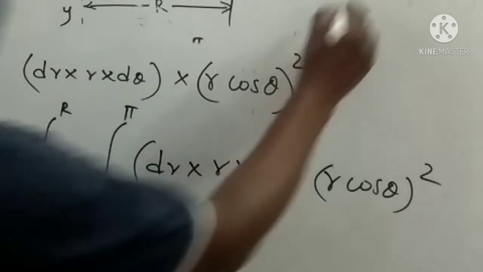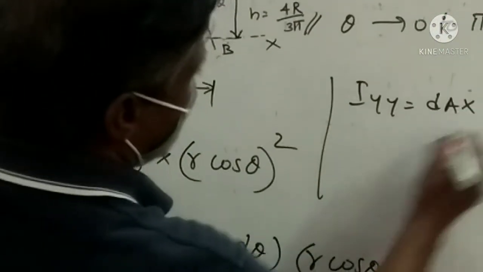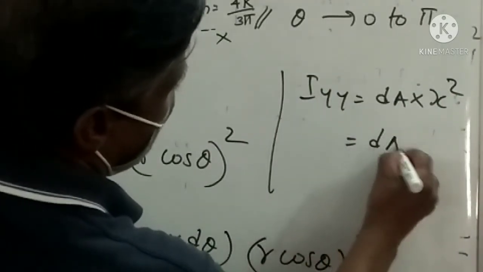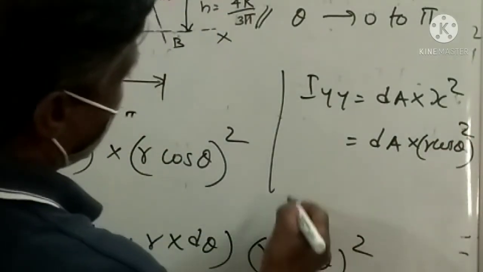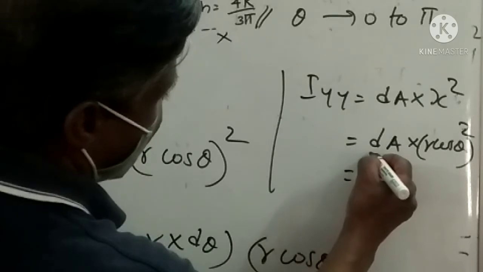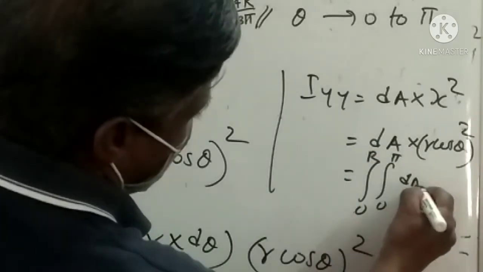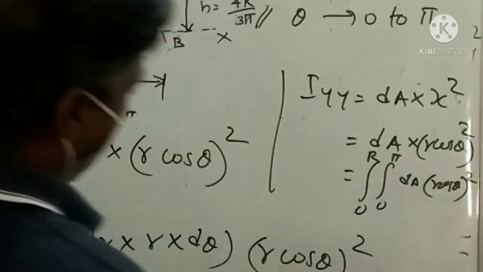Okay, because Iyy is equal to dA into x square, that is dA into r cos theta whole square. For the whole lamina it is double integral 0 to r, 0 to pi, dA r cos theta whole square.